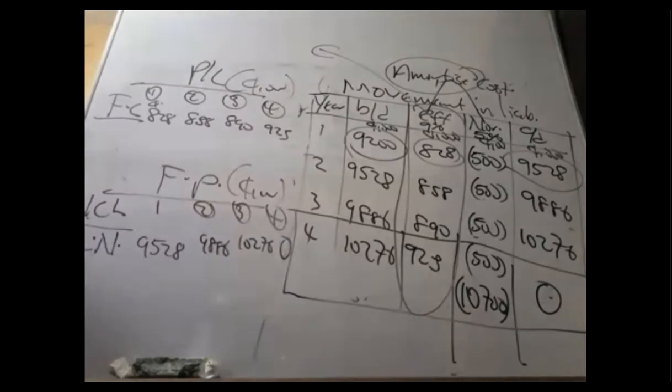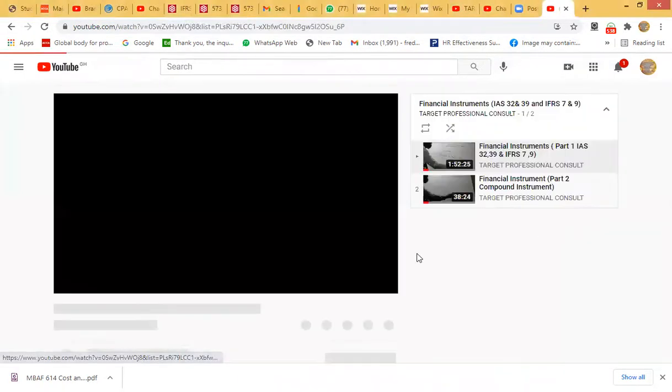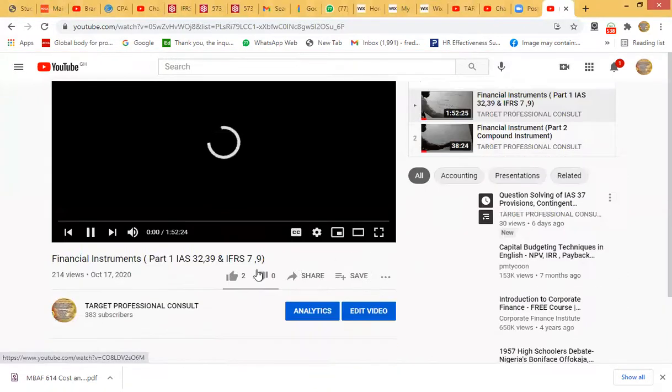So what is a compound instrument? You can move straight to the YouTube channel and locate the playlist, type personal contract and look for that of financial instruments. If you go to the financial instrument, there are two sections there.